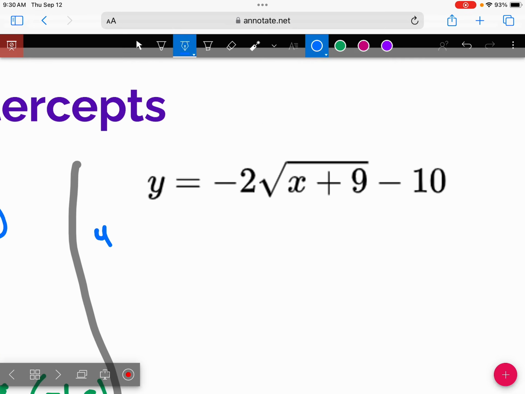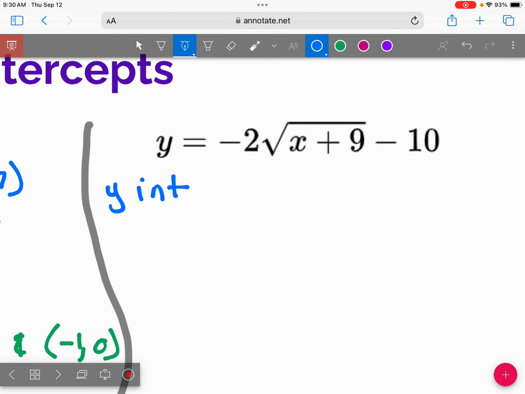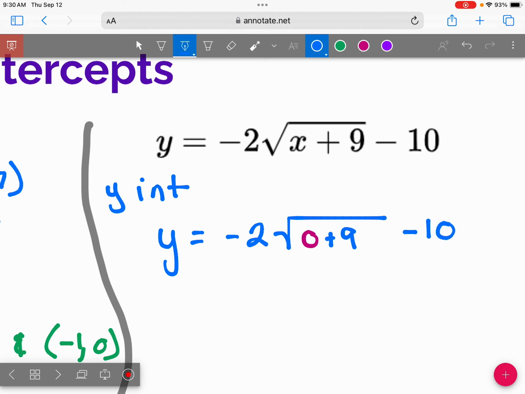So to find my y-intercept, we're going to set our x equal to 0. So y equals -2 square root of 0 plus 9, minus 10.